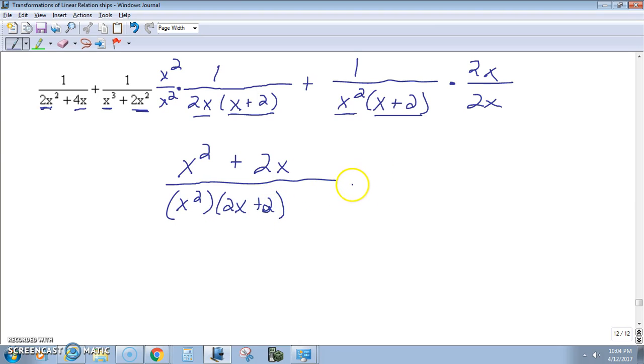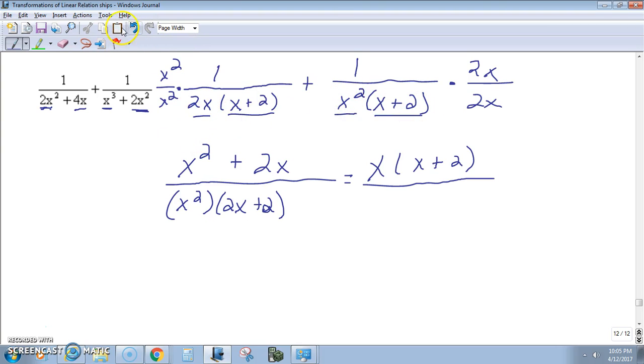It's like a puzzle until I get something that I think might reduce better. Like I could factor out an x on the numerator, right? And I get x plus 2. And then on the denominator, I could factor out, oh, I didn't write down the denominator correctly, you guys.